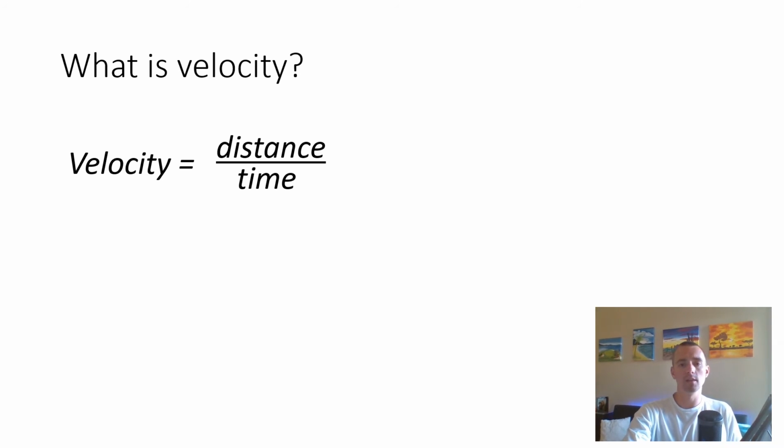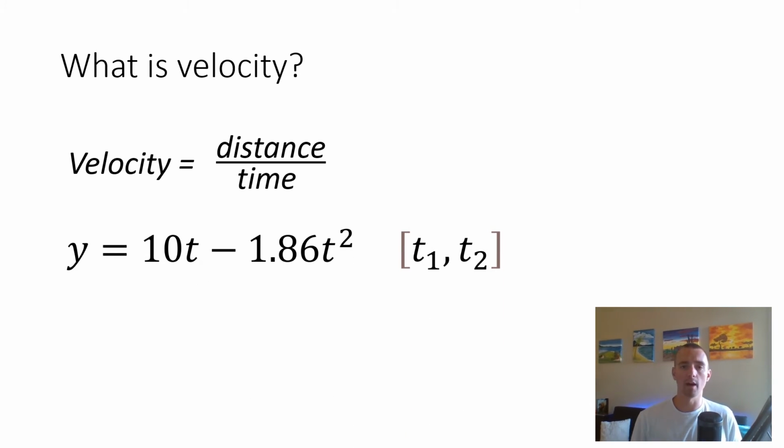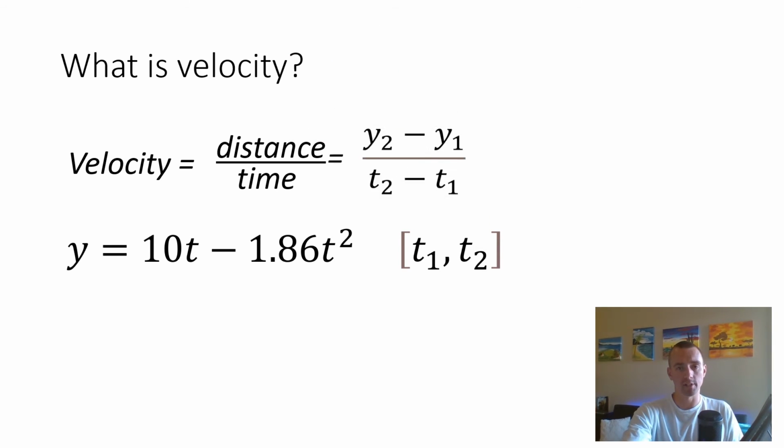In this type of situation, we have the function y equals 10t minus 1.8t squared, which tells us the height of this object after t seconds. And we're looking at two specific time values, time 1 and time 2, in order to find the distance it travels between those two times and the amount of time it takes.